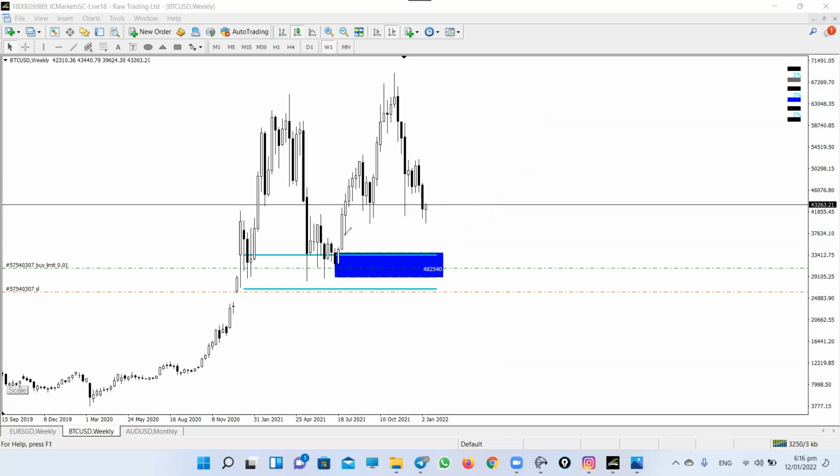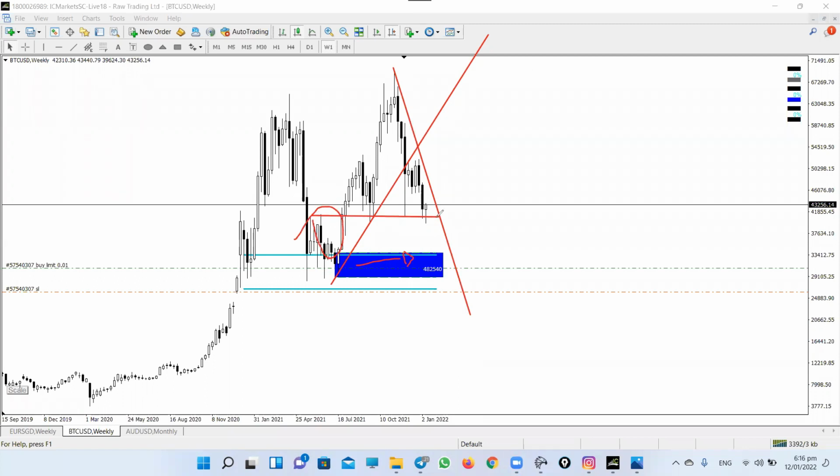So here right now, what's happening is we have a fresh level there, and you can say that we just tested that area here. Our trend line is broken, but right now let's see if the market gives respect to that support or not. That is a strong support here.